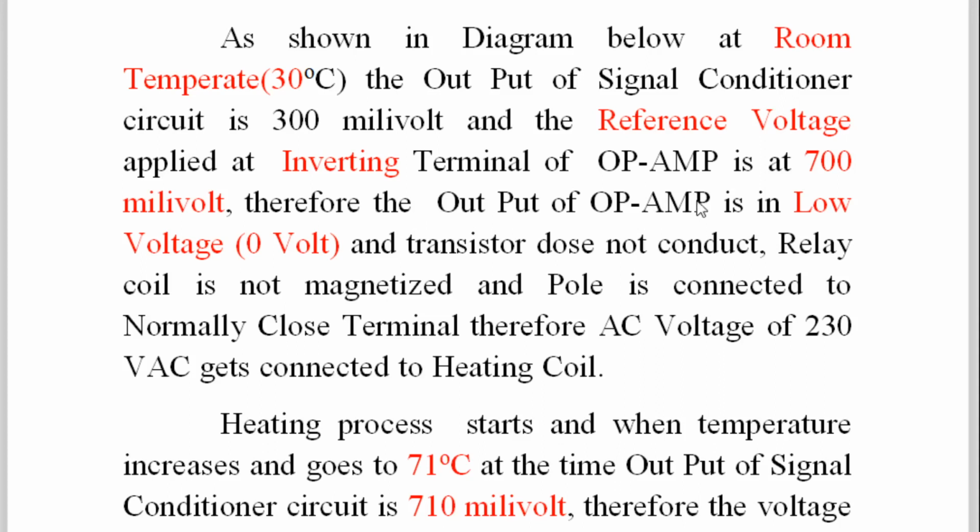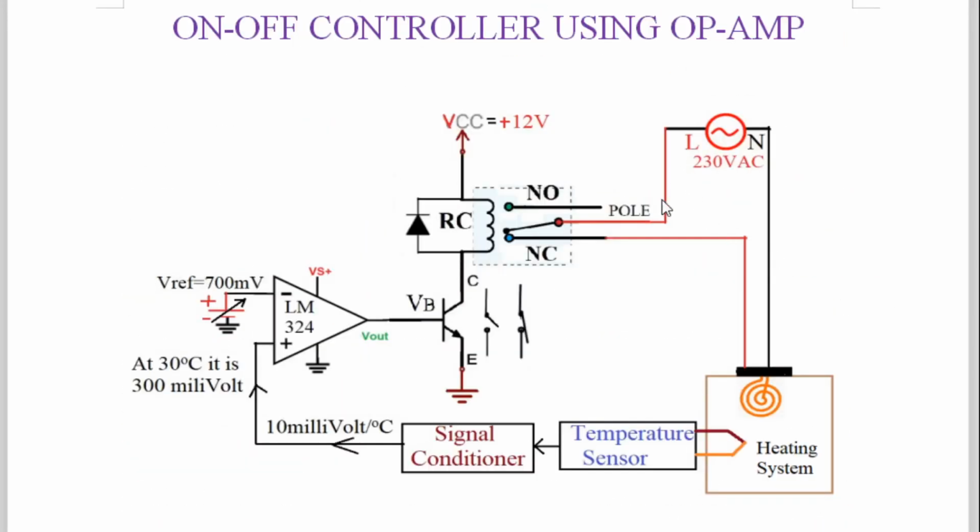Therefore, the output of the operational amplifier is in low voltage level, that is 0 initially, and the transistor does not conduct, the relay coil is not magnetized, and the pole is connected to the normally closed terminal. Therefore, AC voltage of 230 volt gets connected to the heating coil. So that is what we have explained to you. Transistor open switch, pole is normally closed, live terminal goes through the NC to the heating coil.